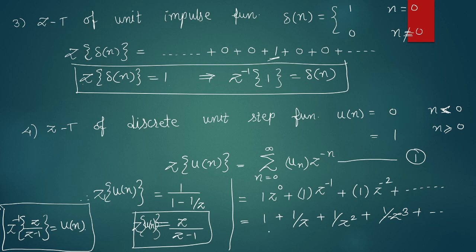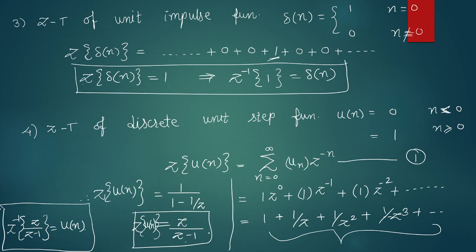If we write down these terms, we get 1 plus 1 by z plus 1 by z square, and so on. If we observe, the common ratio of these terms is 1 by z, and the first term is 1. Therefore, we write down Z transform of u of n equal to 1 upon 1 minus 1 by z. After simplifying this, we get z upon z minus 1.